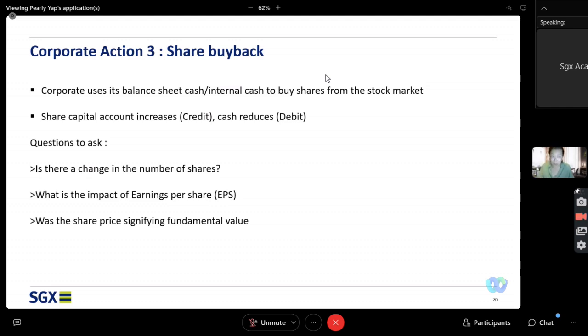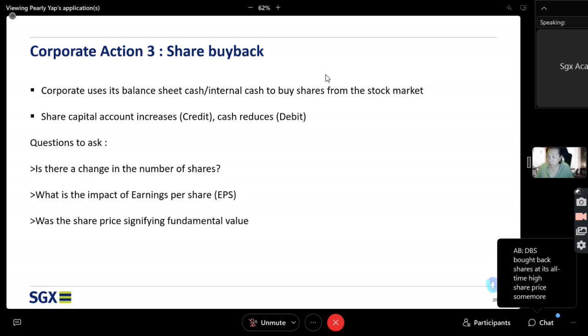The company has used money from its bank account, right? It has cash, it's got retained earnings. It takes cash out of the company and goes to the stock market, like me and you buying shares in the stock market. You do exactly the same thing, go in and buy the stocks from the stock market. So what happens?